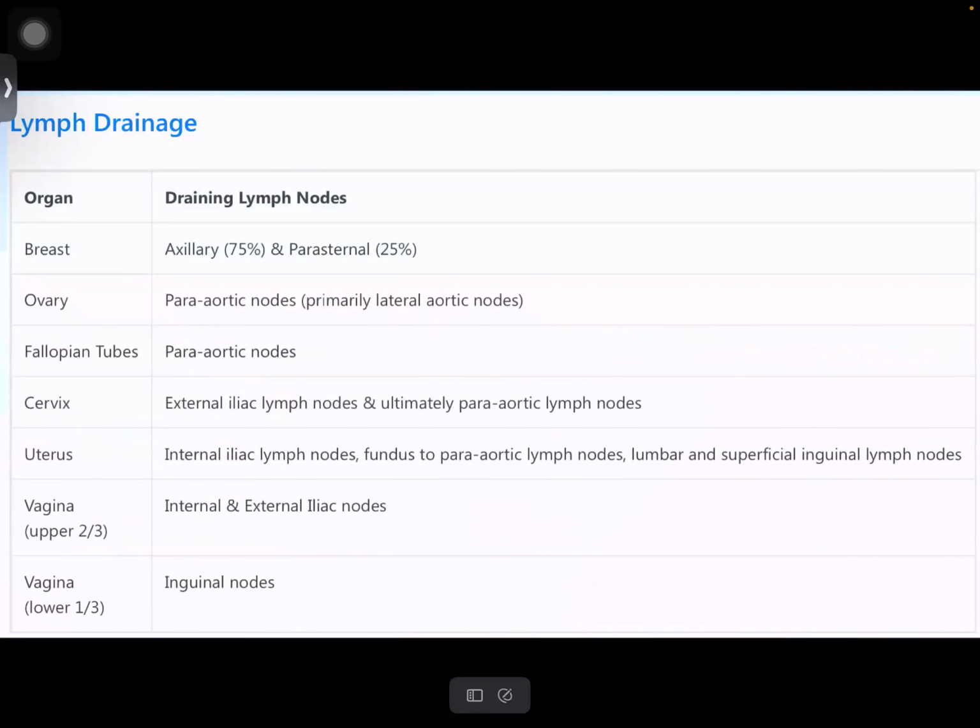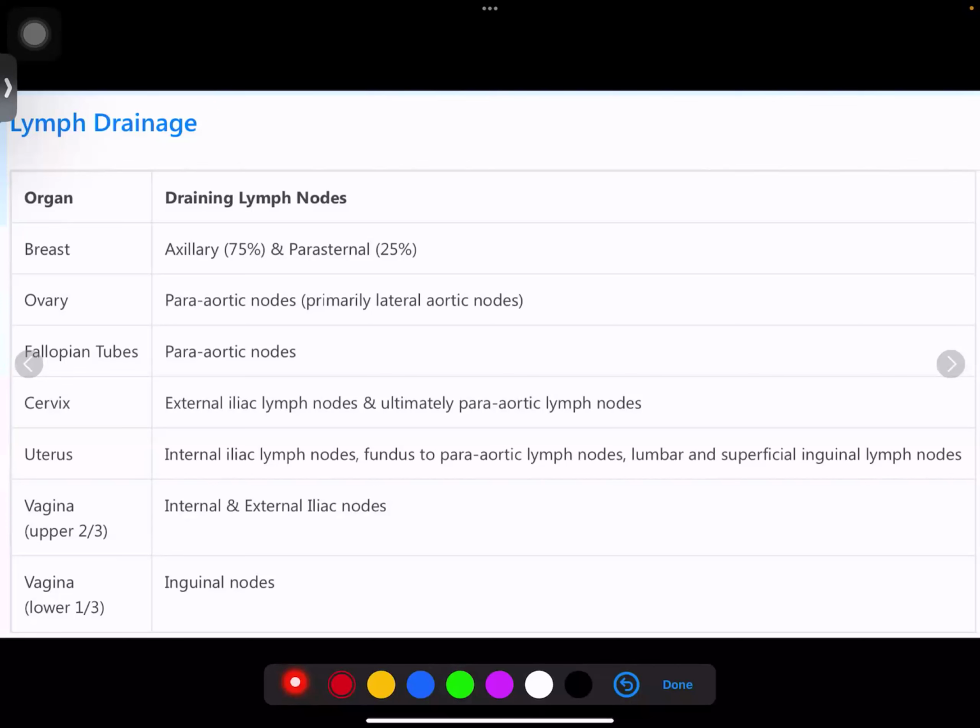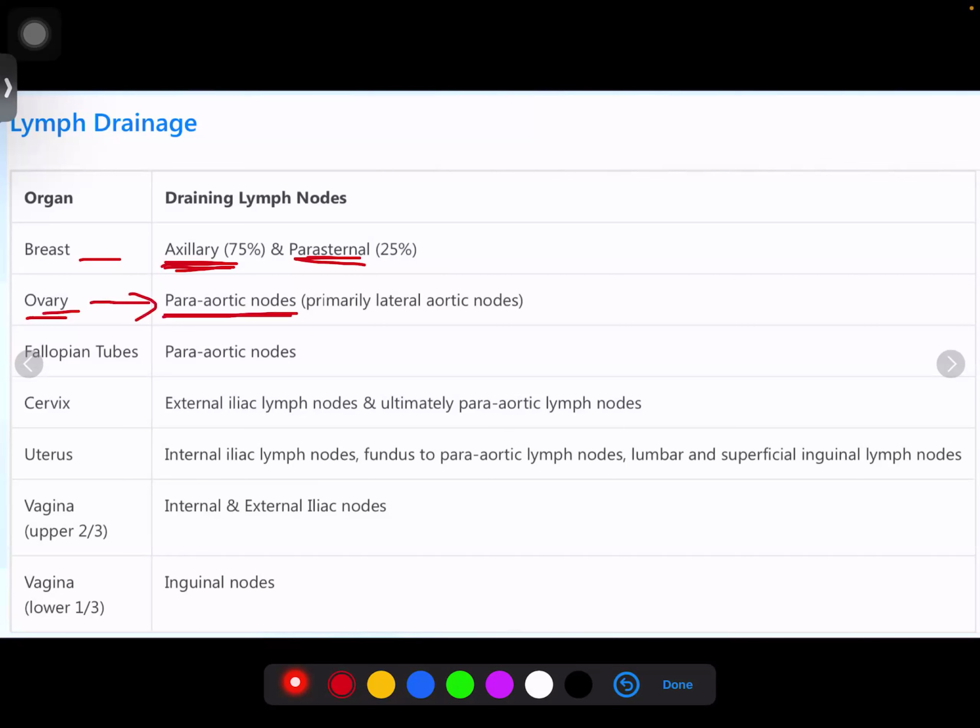This table is very important, let's look at it. Breast is also important: when we do a mastectomy, we also remove the axillary lymph nodes and parasternal lymph nodes. For the ovary, the ovarian artery is a branch of the aorta, so para-aortic nodes. The fallopian tubes are also supplied by the ovarian arteries, so para-aortic lymph nodes.